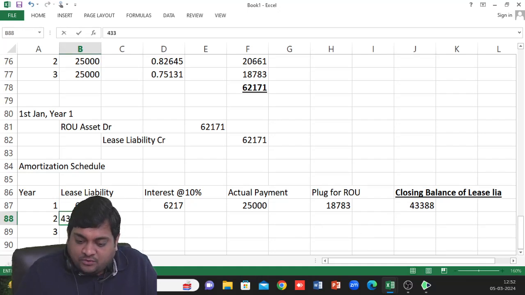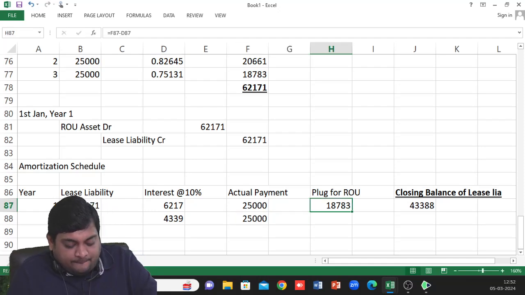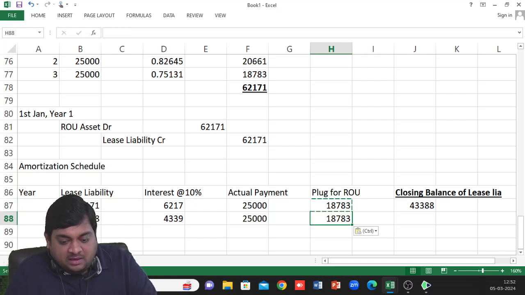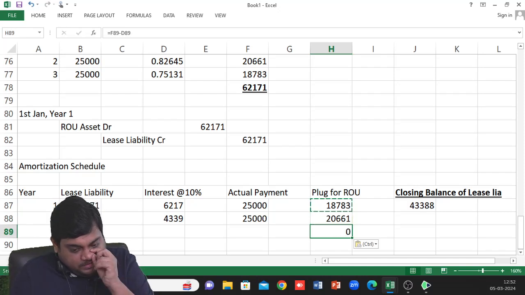So next year we have 43,388, interest 4,339. This is 25 only.